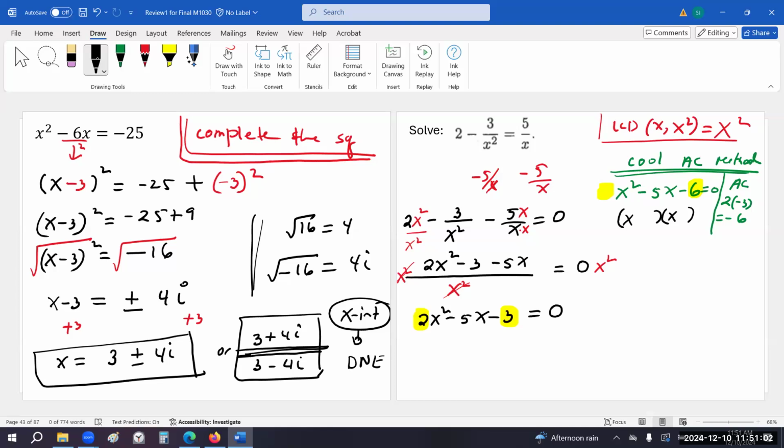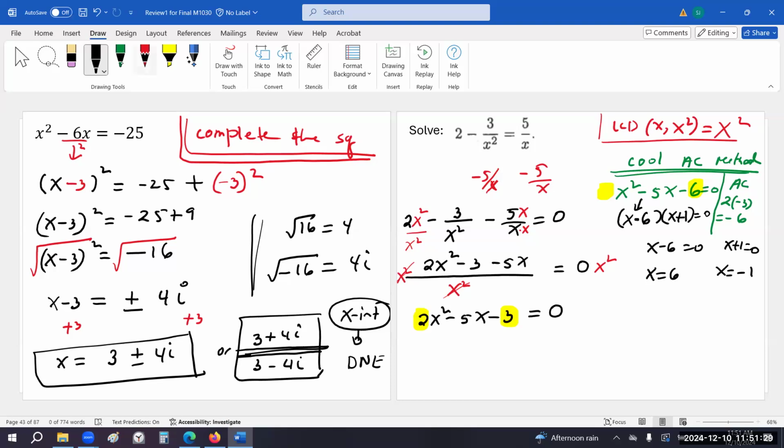Aditya. 6 and 1, the sign? 6 has to be minus because the middle sign is negative, so 1 has to be plus. That tells us x minus 6 equals 0, x plus 1 equals 0. So x is 6 and x is -1.